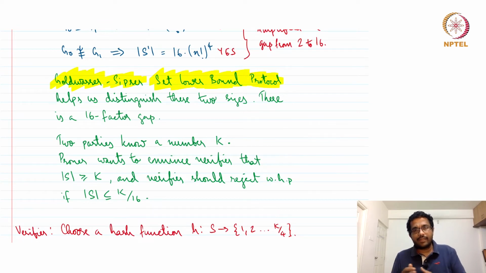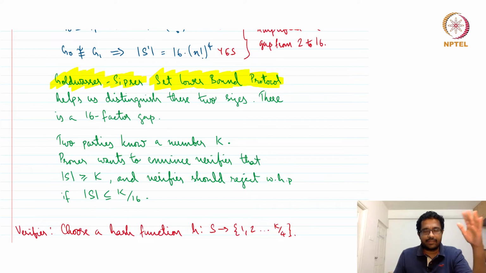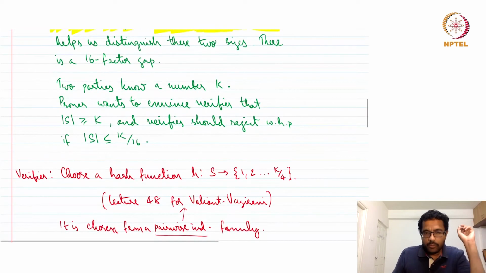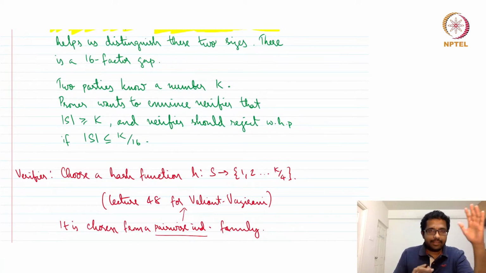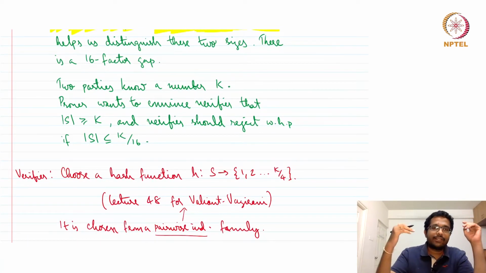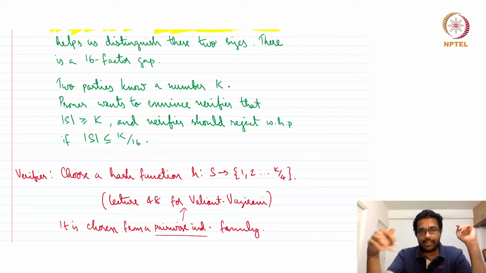In the other case, the number of messages that can be sent is 16 times k, or in other words, in one situation the number of messages is k, and in the other situation it is k divided by 16, right? The 16 factor gap, and the protocol will try to tell if there is a difference between these numbers.